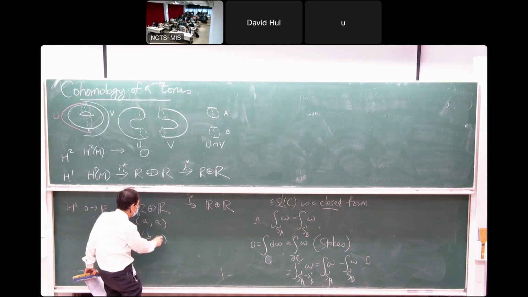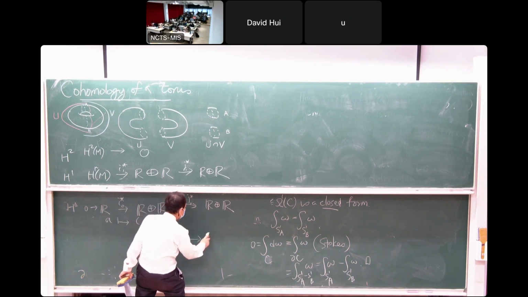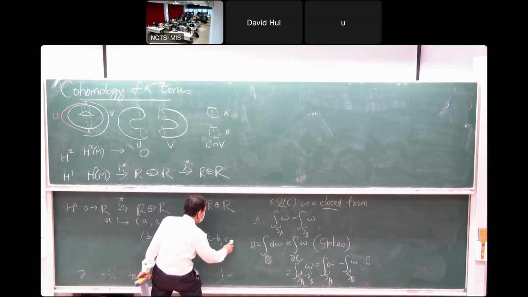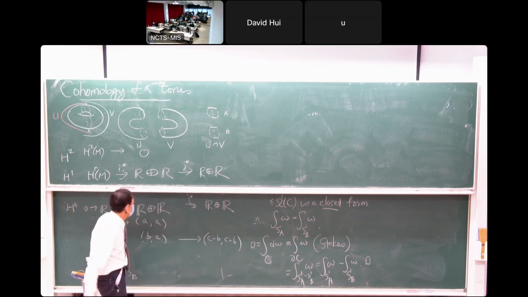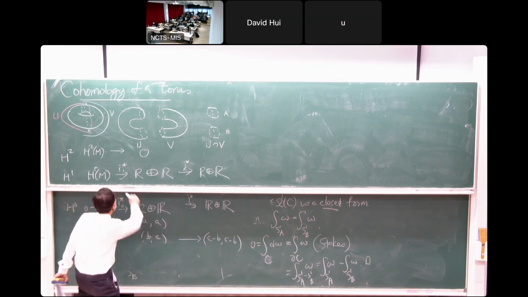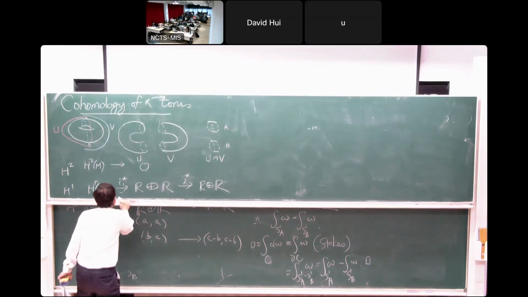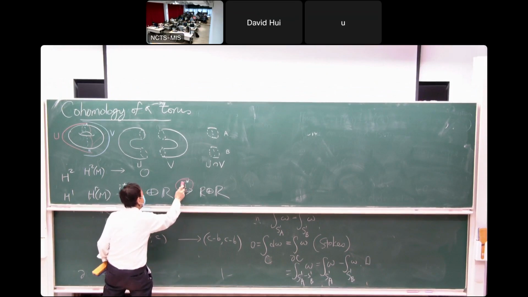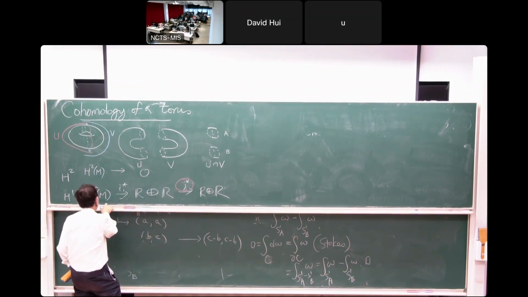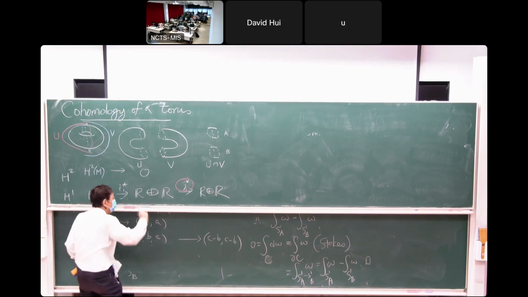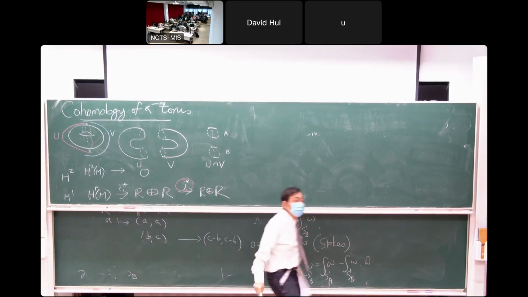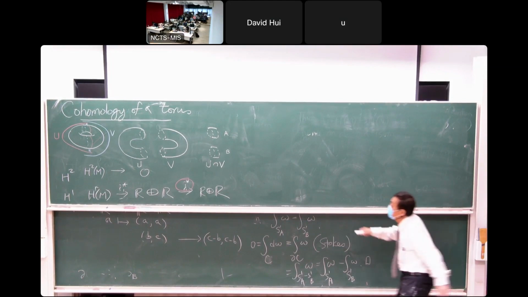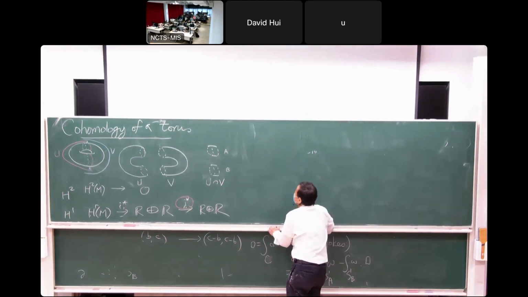So BC restricts to BC, and you take the difference on each component. That's J star, okay? The really crucial map that we have to figure out is this one. If you can figure it out, then you can write down the kernel and the image, and then you can work out the cohomology. Okay? So what is that map?